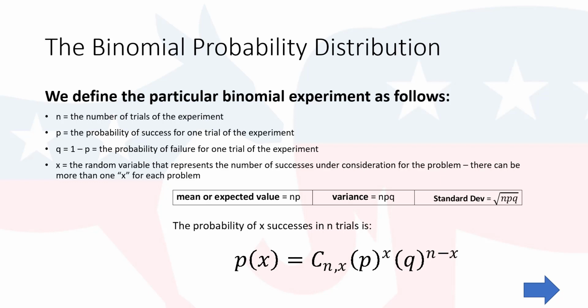That means the probability of success in one trial raised to the X power, and then q raised to the n minus X power. That is a long, complicated formula. And of course, we're going to use spreadsheets to take care of all of that. But this is the formula for it, and back in the day, we would have to plug all those things into a calculator for each thing that we're supposed to do.